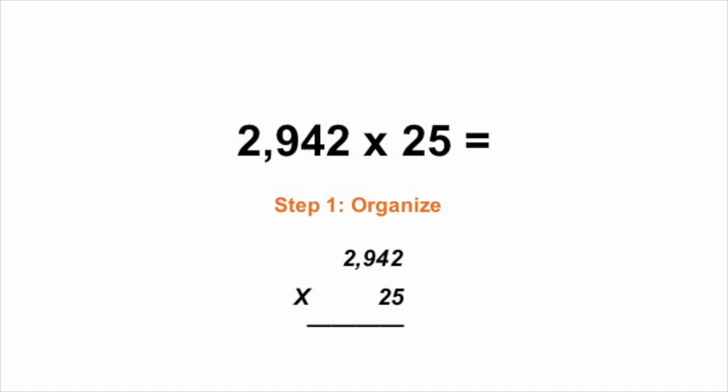So 5 times 2 equals 10. So write the 0, carry the 1. 5 times 4 plus 1, 21. So write the 1, carry the 2. And next, 5 times 9 equals 45. Plus 2 equals 47.